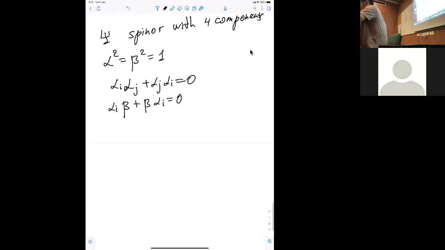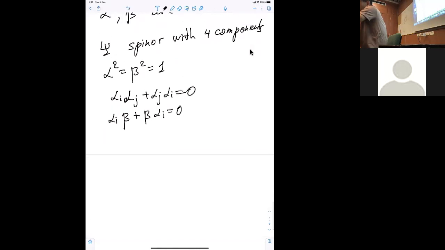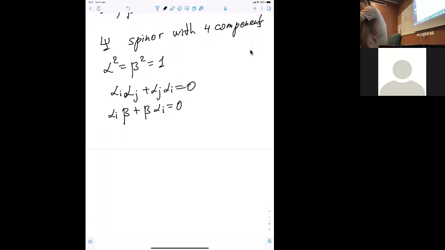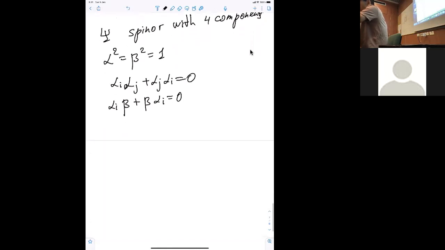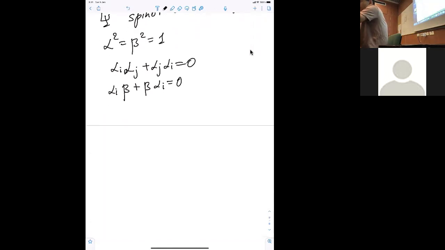So this is what is called the Dirac equation. The spectrum of this equation would be like this.